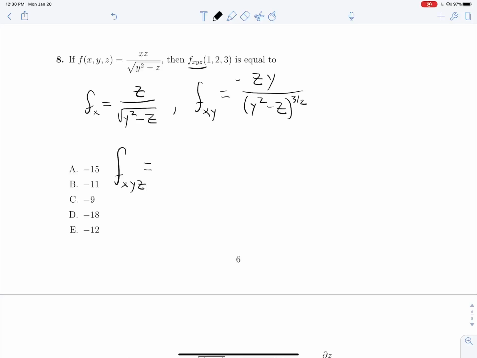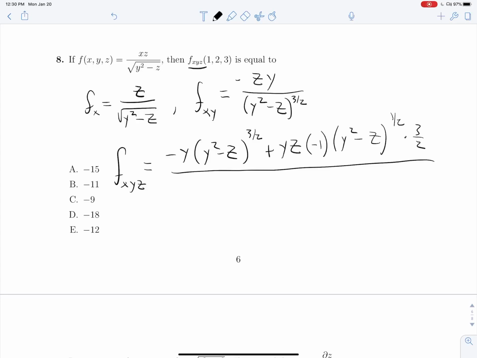That's going to give us, let's see, negative y squared minus z to the 3 halves plus yz multiplied by negative 1, y squared minus z to the 1 half times 3 over 2.